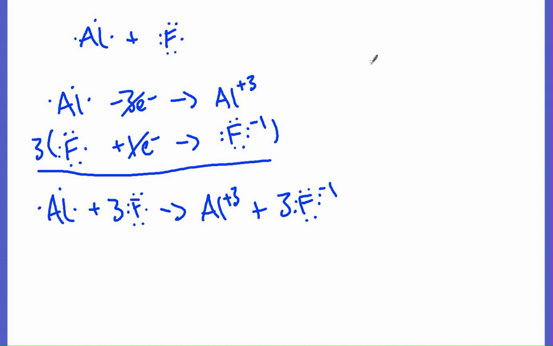I can also start out with my aluminum with 3 valence electrons and my fluorine. But then again, I do need you to use a different color, right? When you're doing work like this, I'm going to take these electrons from the aluminum and I'm going to move them to fluorines, right?